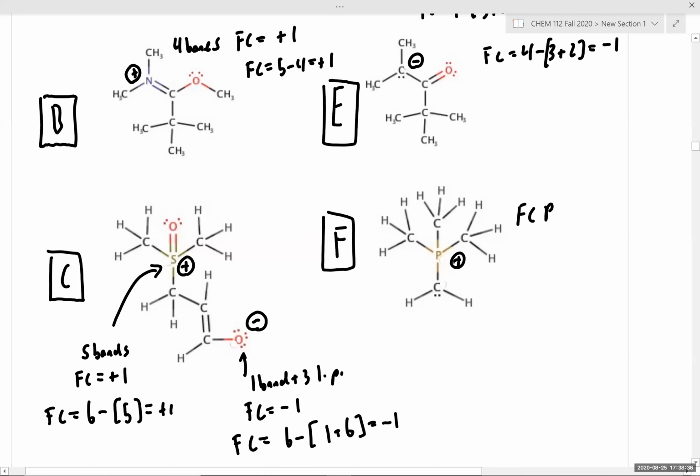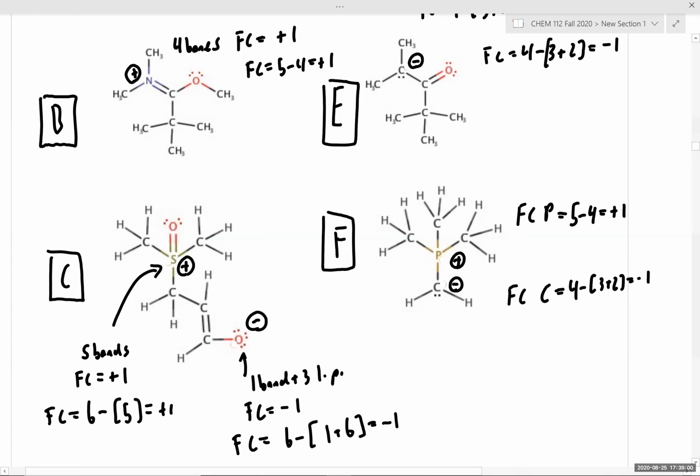I have an assignment of +1. So we have a group number of 5 minus 4 bonds. That gives us a formal charge of +1. And for carbon, we have a group number of 4 minus 3 bonds plus 2 lone pair electrons, and that gives us a formal charge of -1. Perfect.